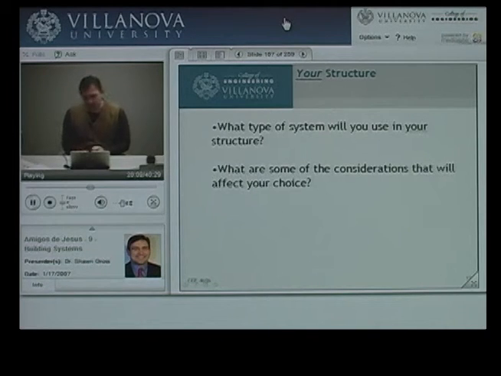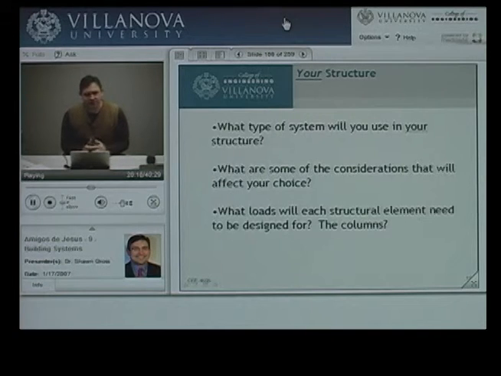That's the number one goal, is we have to satisfy mechanics. And ultimately what this boils down to as a designer is, once we've established this system, the question then becomes, what loads are each of your structural elements going to need to be designed for? So once I've established the structural system, now I have dictated what the load path is going to be, and I have to decide what the columns are going to handle, what the beams are going to handle, each particular beam, that is.